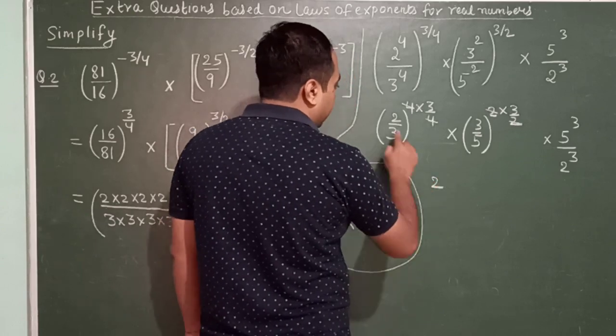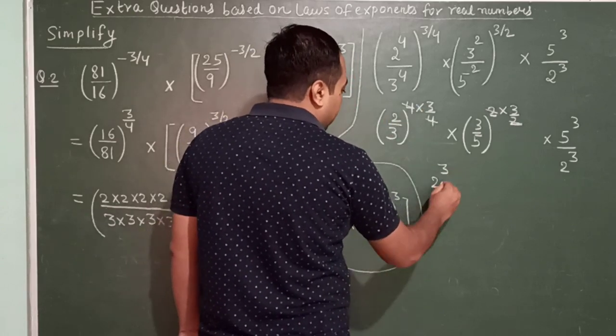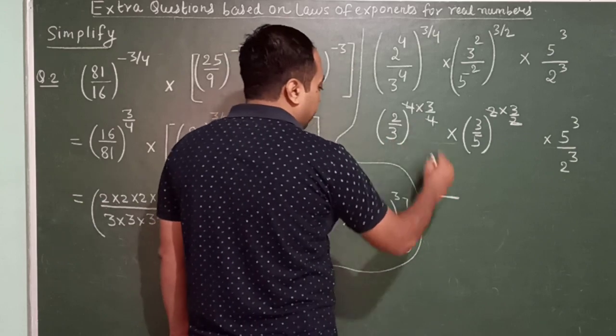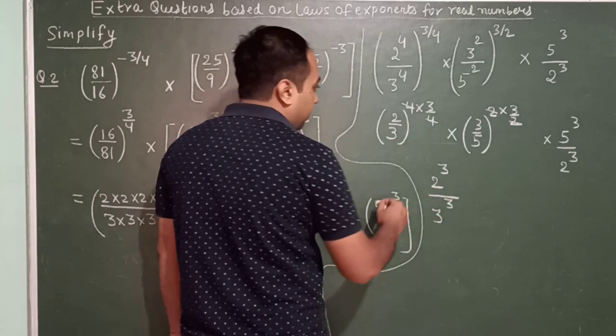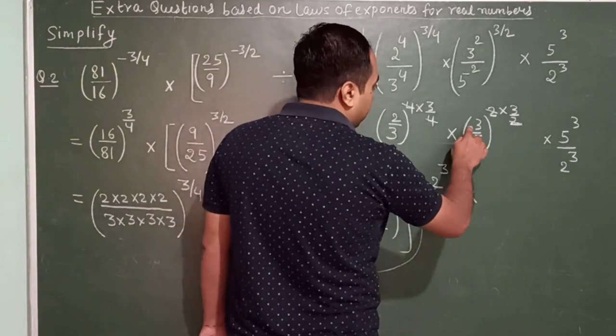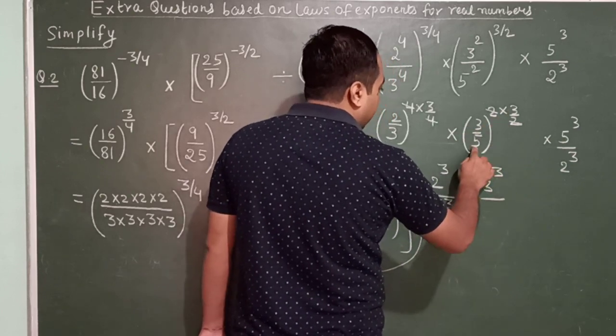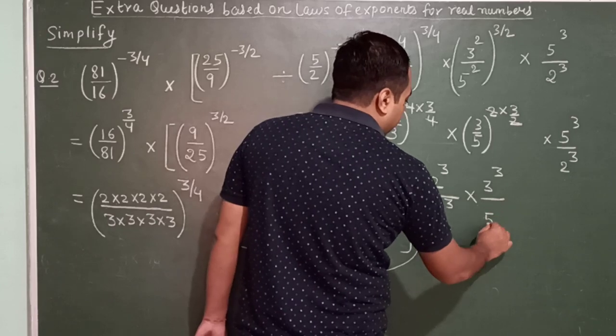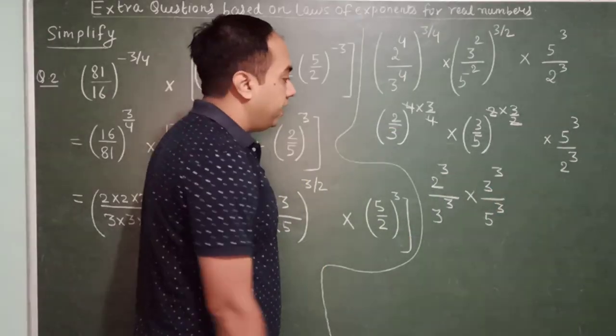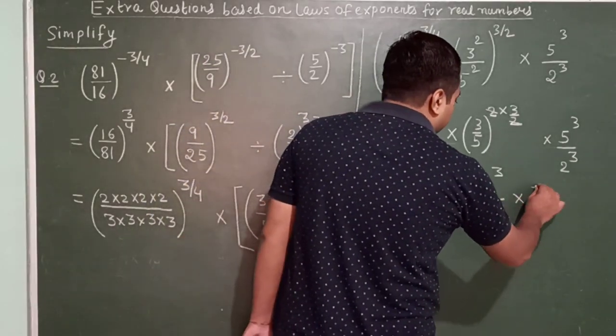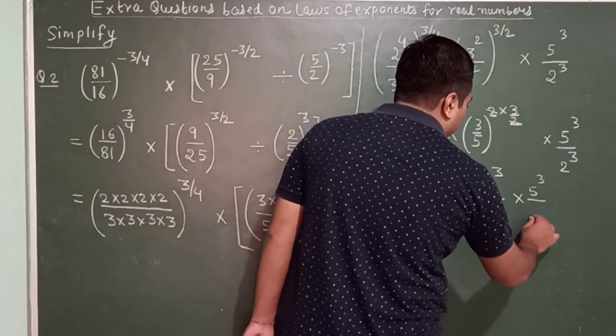So I am writing in this manner, 2 power 3 upon 3 power 3, into 3 power 3. Also this fraction 5 also contain power 3, so I am writing 5 power 3, into 5 power 3 upon 2 power 3.